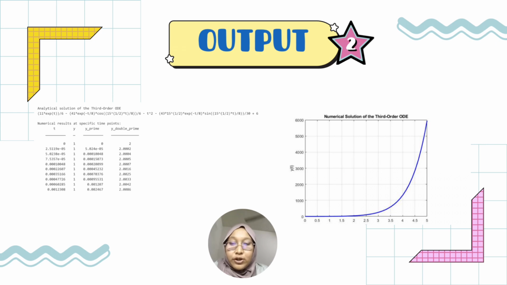This was generated using the ODE45 solver in MATLAB. On the right, we have a plot of y(t). The graph shows how the solution grows over time, confirming that the function increases rapidly as t approaches 5. This output helps us to understand the behavior of the system both symbolically and also numerically.